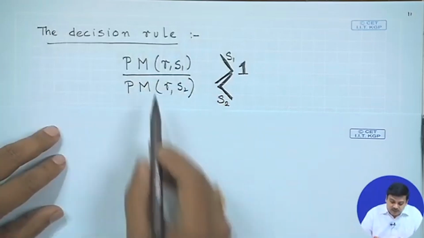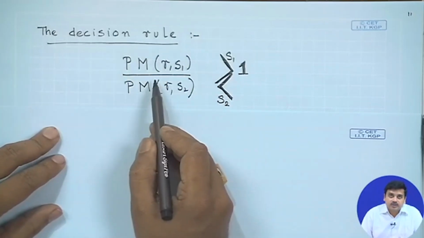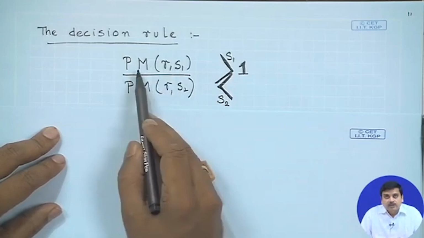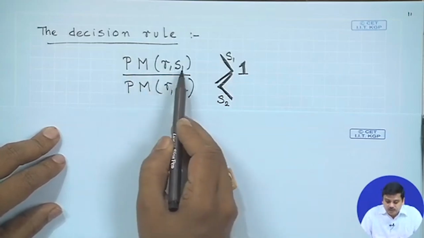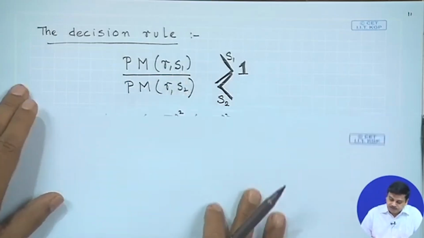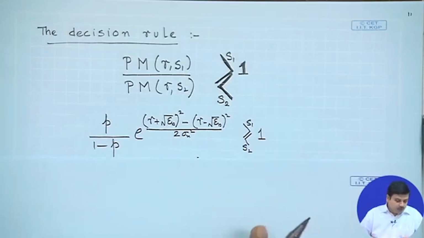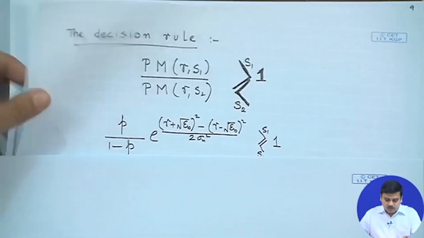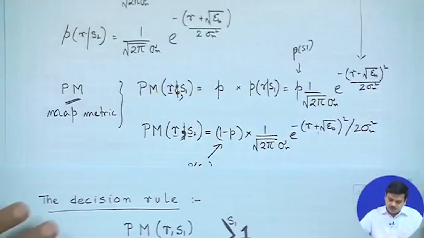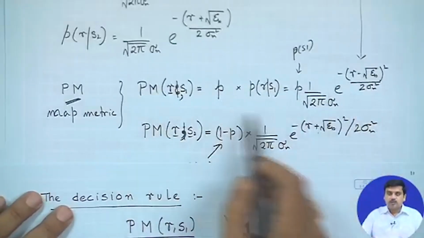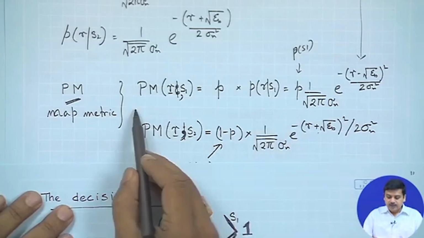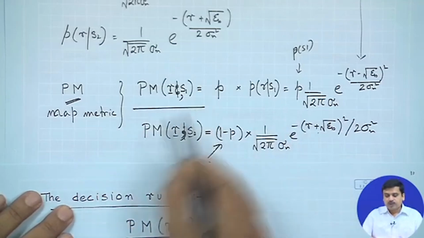The decision rule tells you to calculate these probability metrics, and whichever gives a higher value, you choose that particular signal. We have already computed these probability metrics, so we divide them and take the ratio.